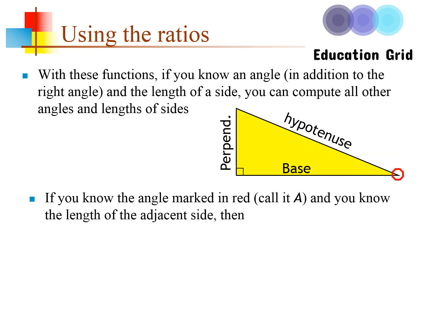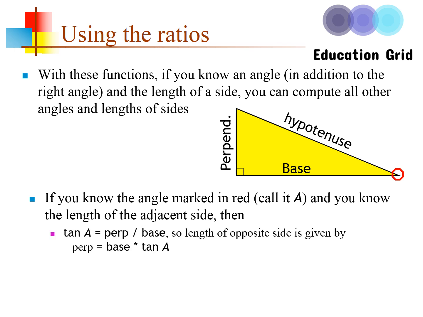Let's say you know the angle marked in red, let's call it A, and you know the length of the adjacent side. Then we can find tan A, which is defined as perpendicular divided by base. So the perpendicular can be found by base into tan A, because you know the value of base, that is the adjacent side.